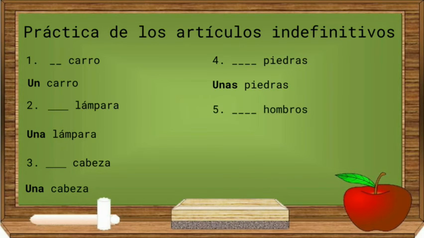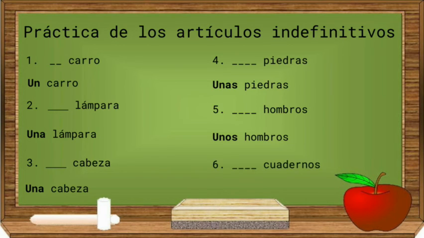Número 5. Blank hombros. Take a moment. You should have gotten unos hombros. Ends with an S, so it must be plural. And there's an O before that S, which makes it masculine.